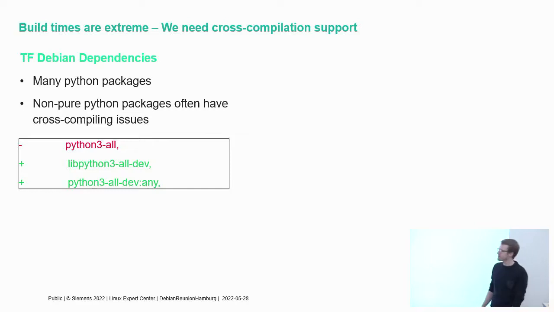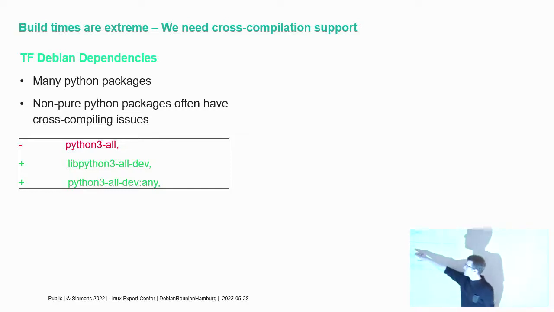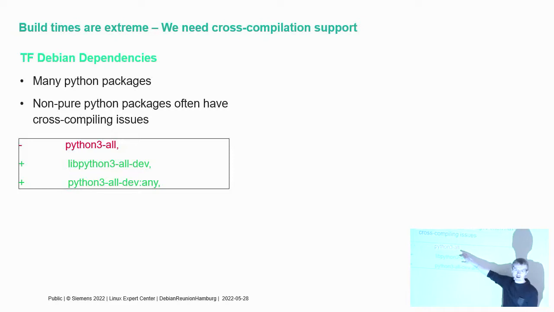The problem there was that often we saw a dependency on Python 3 all, but if you have packages that not only contain Python code but also some native components, it's better to do it this way, because by that you make sure that the package can be cross-compiled.